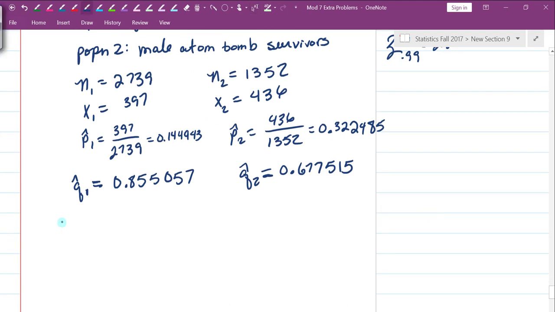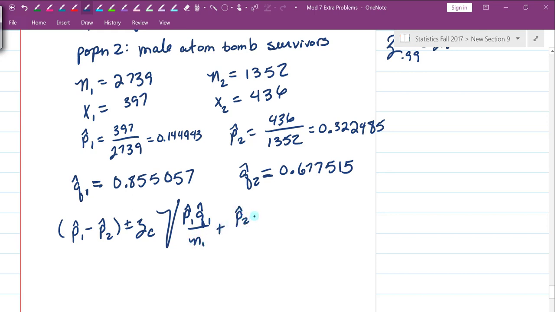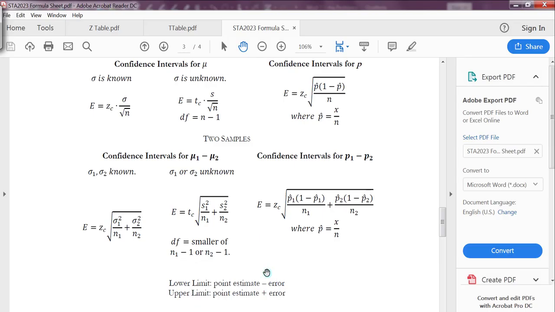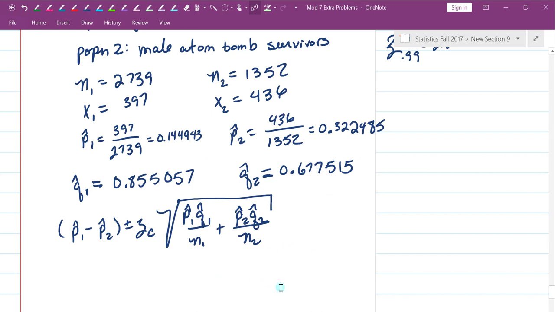We're going to end up with p hat 1 minus p hat 2 plus or minus z sub c times the square root of p hat 1 q hat 1 divided by n1 plus p hat 2 q hat 2 divided by n2, all underneath the radical. I'm just going to flip back to double check that I copied it down right, and I did. And now we're just going to substitute in our values.